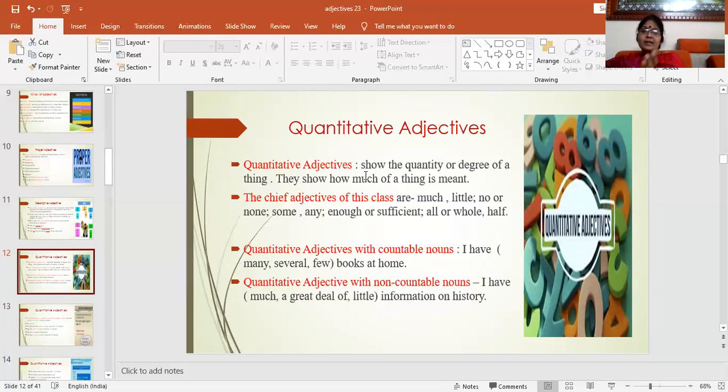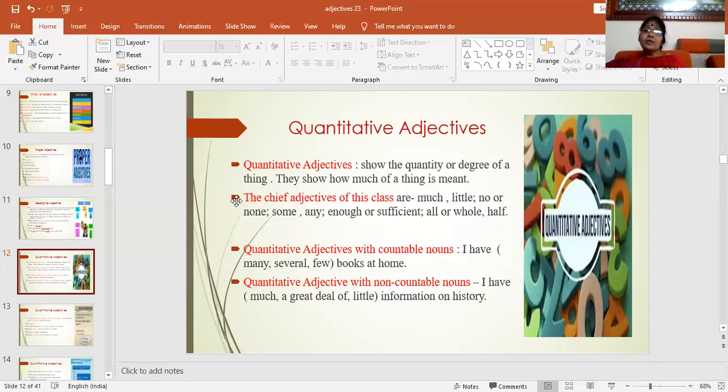So let us look at quantitative adjectives with countable nouns. I can say I have many books, I have several books at home, I have few books at home. All are countable. Quantitative adjectives with non-countable nouns: I have much information on history, I have a great deal of information on history, I have little information on history.